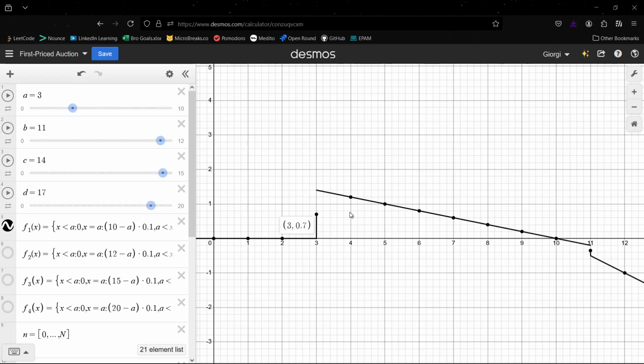But if one of the bidders deviates, so the other bidder is bidding 3, but you bid 4, you're actually better off. So in cases when A is 3, this is not a Bayes-Nash equilibrium. So let's increase this bid. And if you look here, again, if you bid 4, your payoff is 0.6, but if you deviate, your payoff is higher, 1. So this is not a Bayes-Nash equilibrium either.